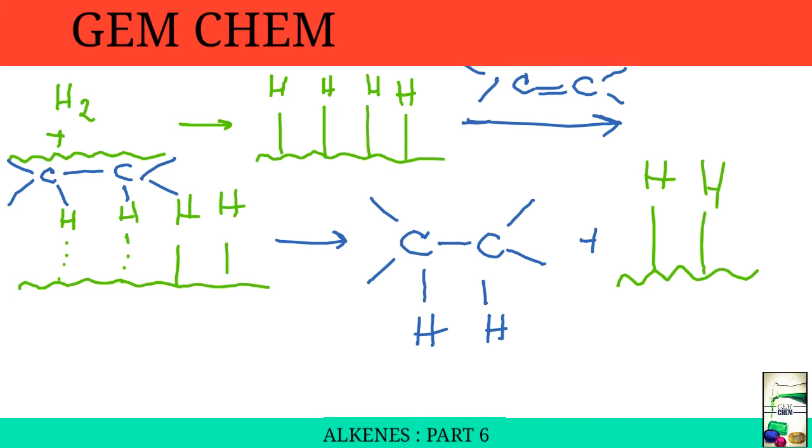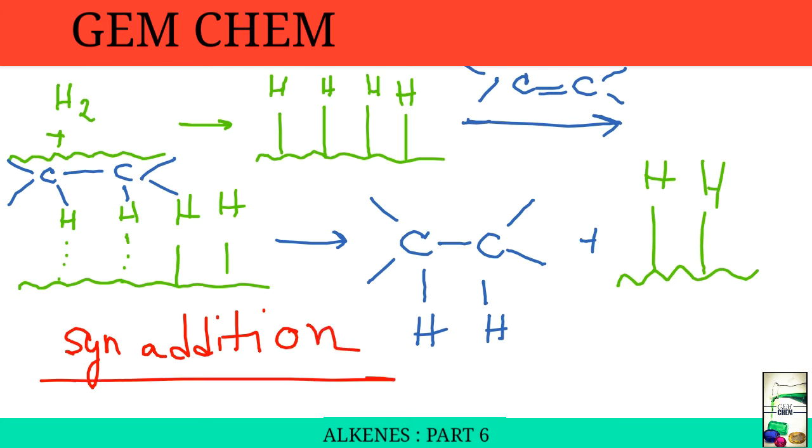What we can see is that the attack of the hydrogen takes place from the same side of the alkene. So we can say that there is a cis addition, or rather specifically it is known as syn addition. That is syn addition or cis addition. So this is important. Now we will see an example.